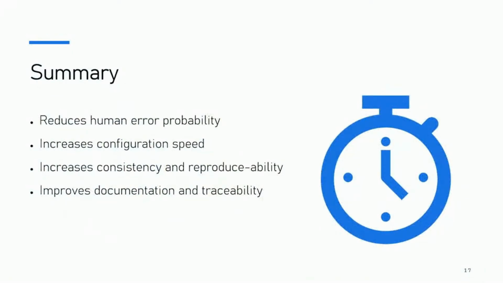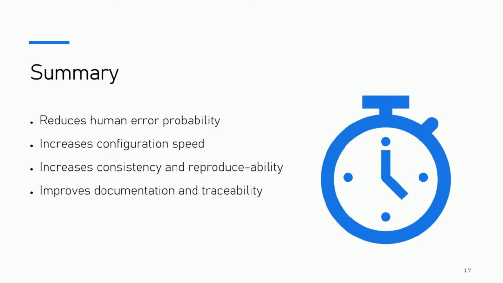So it's my firm belief that this will reduce the human error probability while configuring a vehicle and increase the configuration speed. You don't need to switch tools and click a lot of buttons.